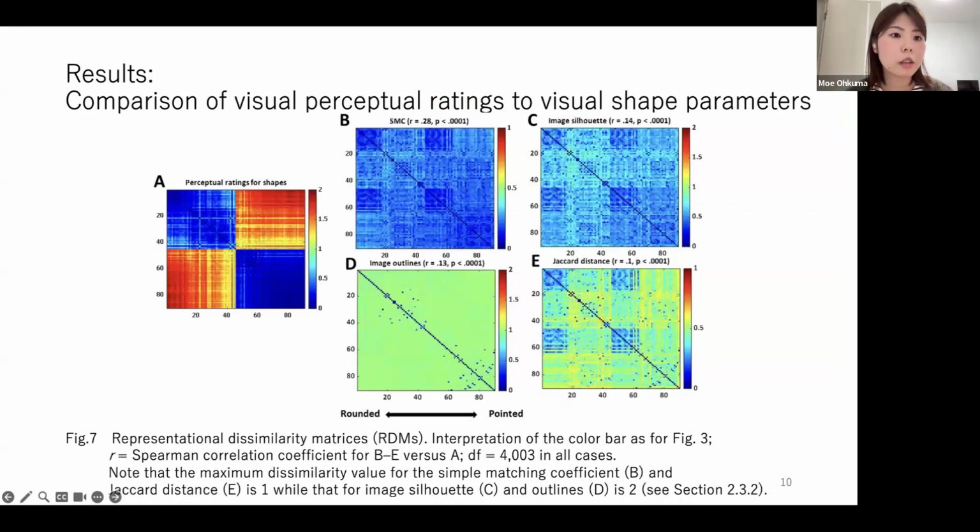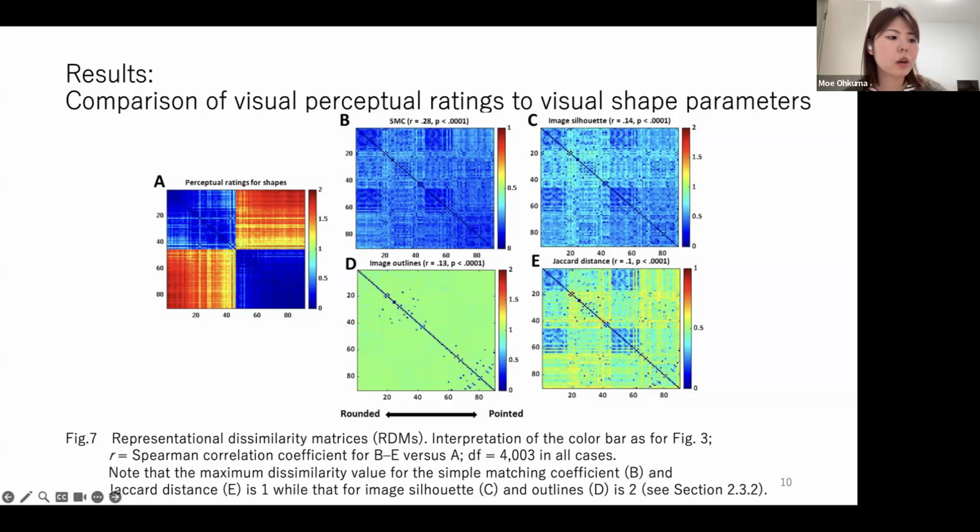Our last results: comparison of visual perceptual ratings to visual shape parameters. They carried out within-modality second-order correlations between the RDMs of the visual ratings of roundness and pointedness, and each visual parameter of the shapes.